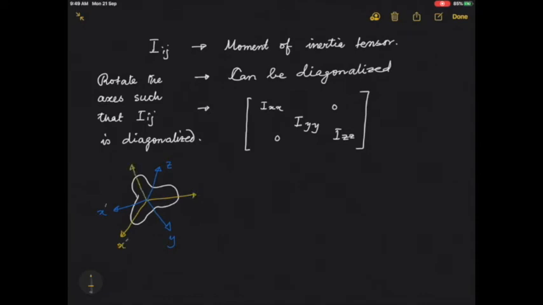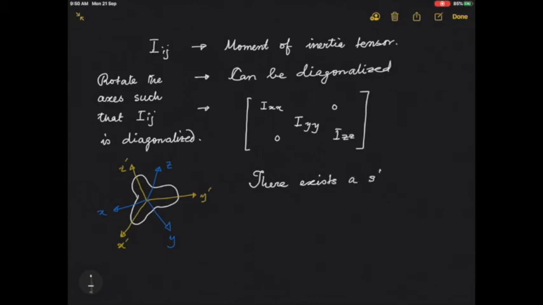Now, if I rotate the body set of axes and choose them in a certain way such that the moment of inertia tensor becomes diagonal, then all I have done is rotate the axes, right?